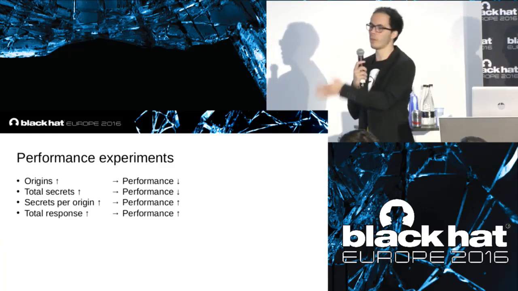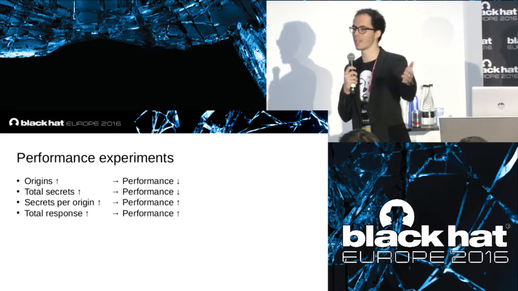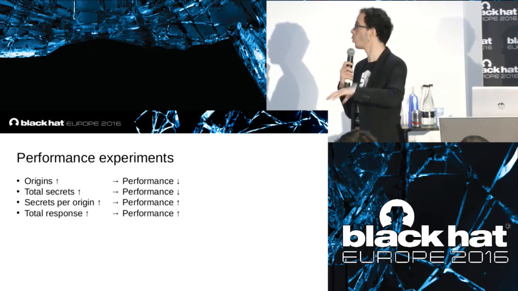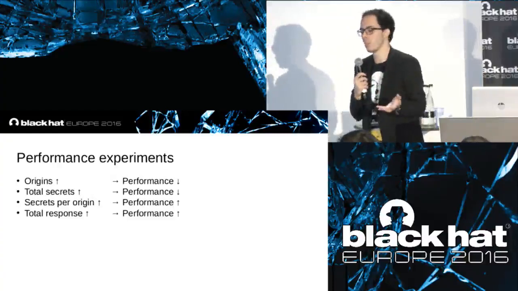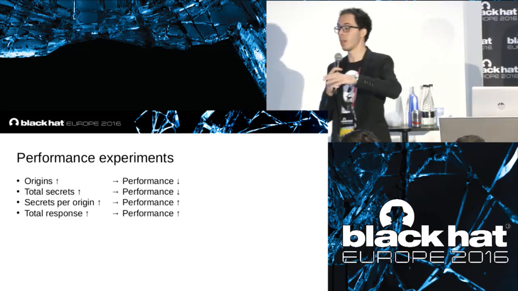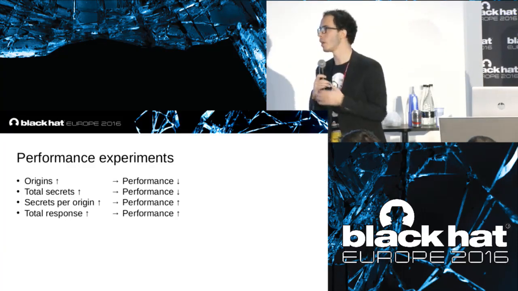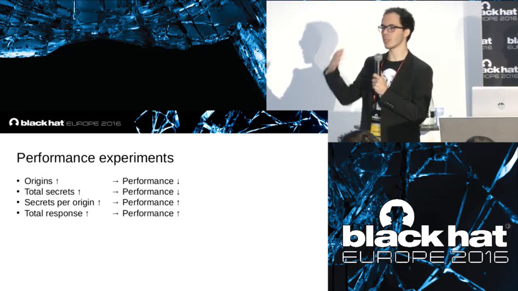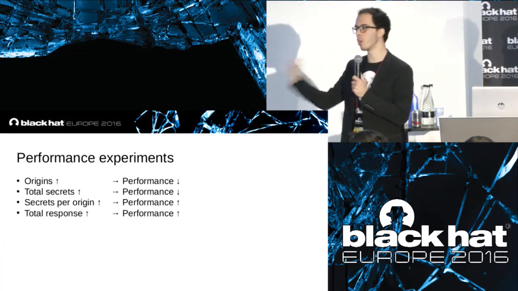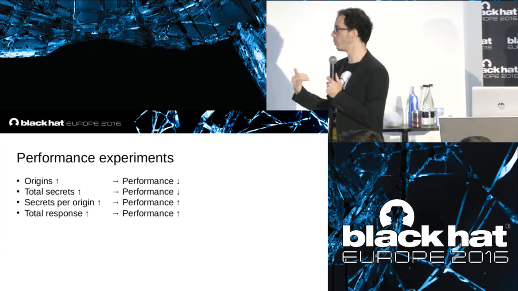So the server side and the client side that apply the permutation and the depermutation will take longer. That makes sense. However, if there are more secrets per origin, then because CTX allows cross-compression, the performance will go up because the compression rate will be better.